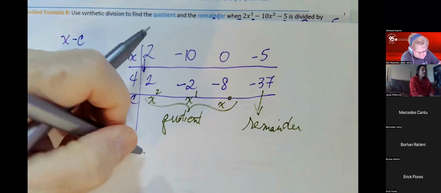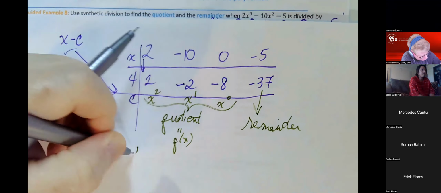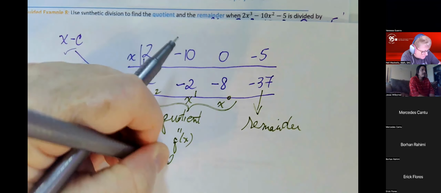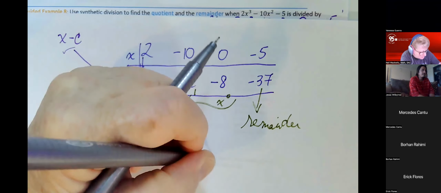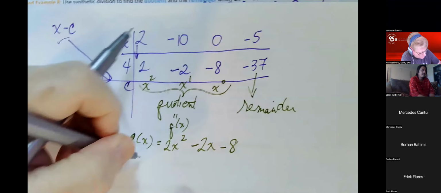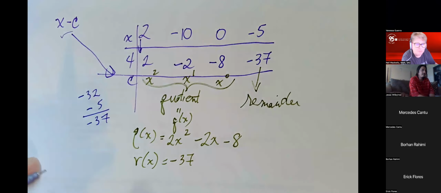So I can write this quotient as 2x squared minus 2x plus -8, so -8. The remainder is -37.